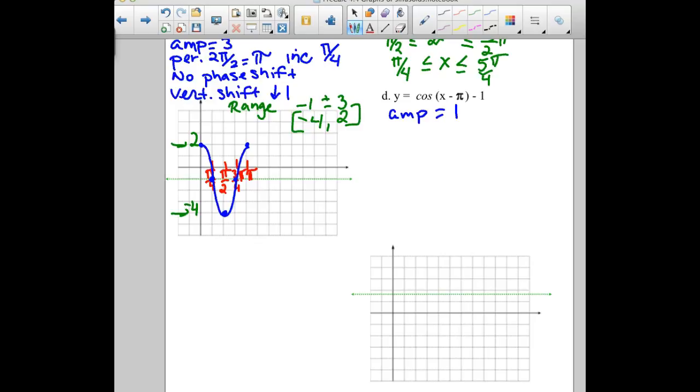My B value is 1, which means the period is just plain 2 pi, right? We haven't changed that at all, so we have no horizontal stretch or compression. Increments then would be going by what? Everybody? pi/2. Okay. What happens inside the parentheses? What does that tell me? I have a phase shift of what?